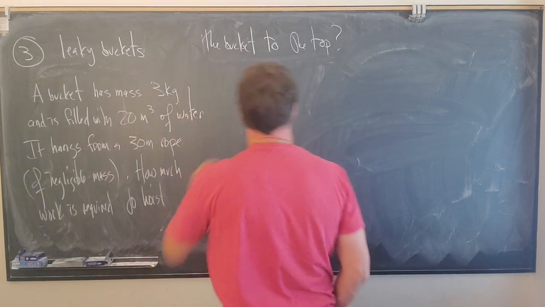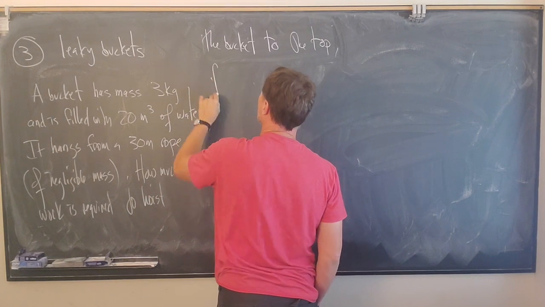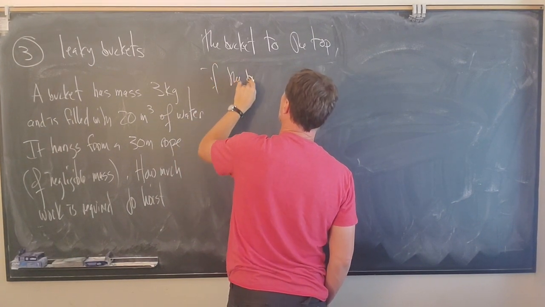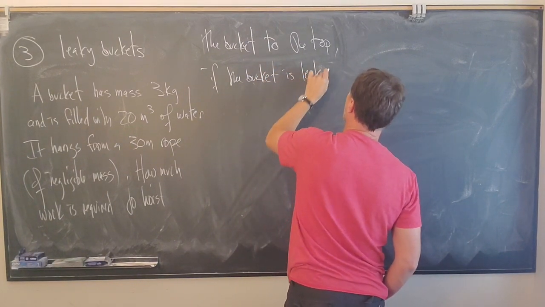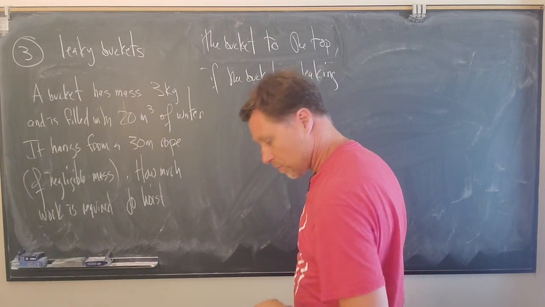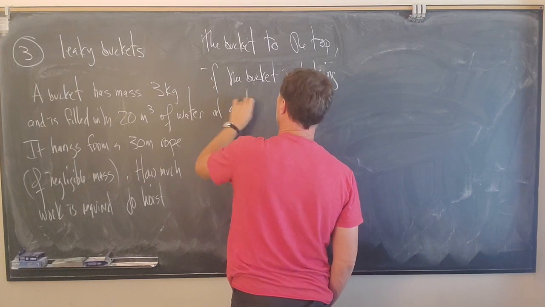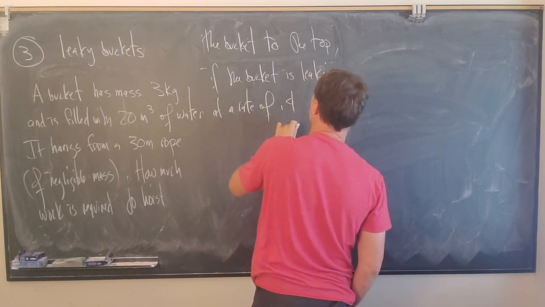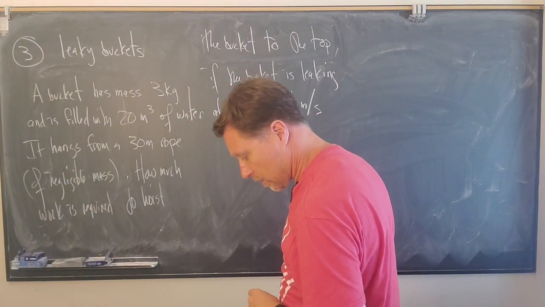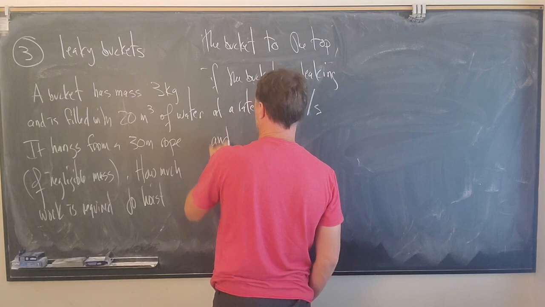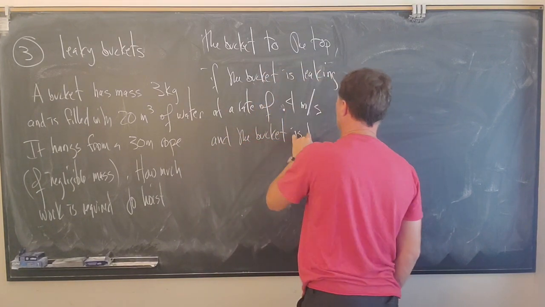Hoist the bucket to the top if the bucket is leaking at a rate of 0.4 meters per second, and the bucket is hoisted.